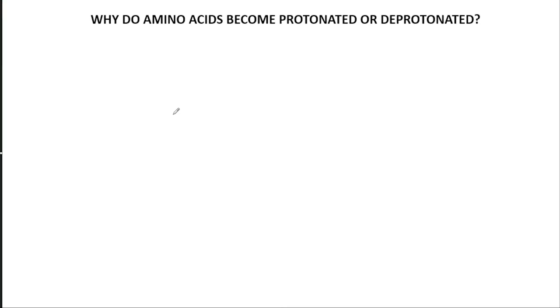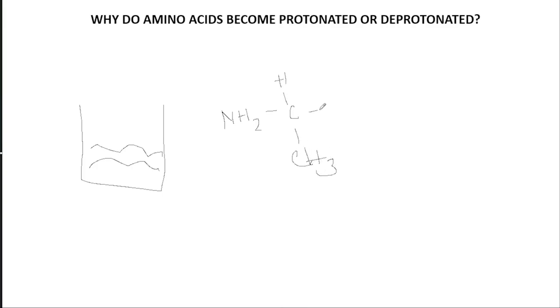Alright, so now we must understand, why do amino acids become protonated or deprotonated? So let's imagine a solution. In the solution, there are several amino acids. Or for this example, let's just imagine there is just one amino acid. So alanine is in the solution.